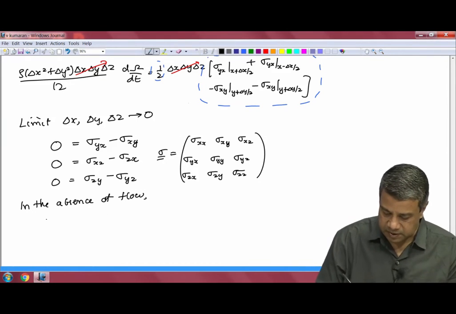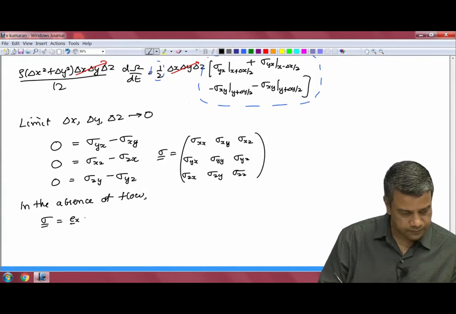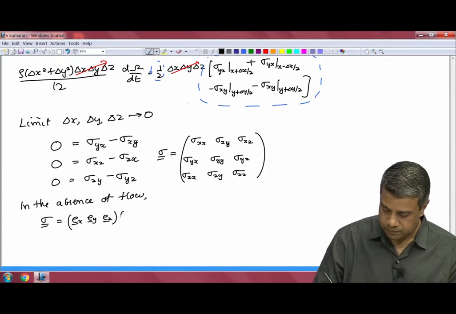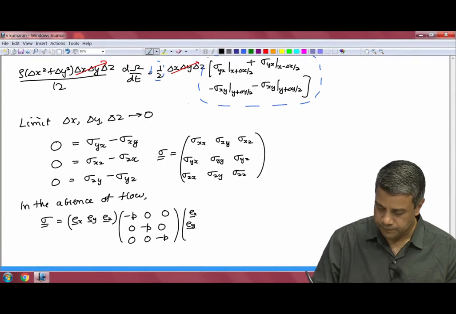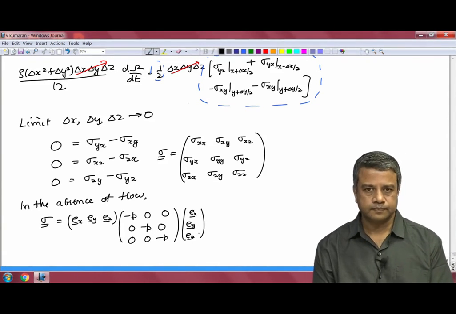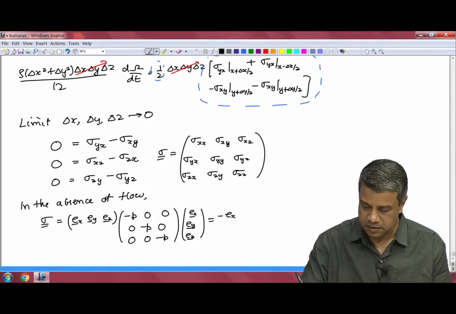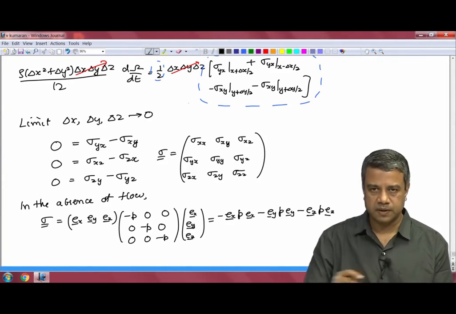So, the stress due to the pressure can be written as sigma is equal to minus P, or I can write this in summation as minus ex P ex minus ey P ey.